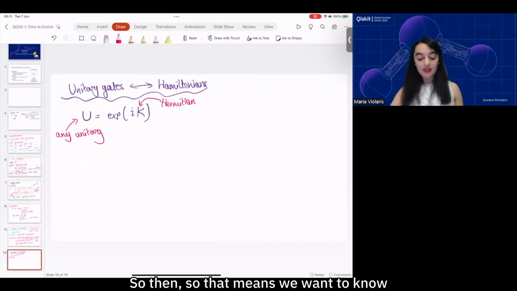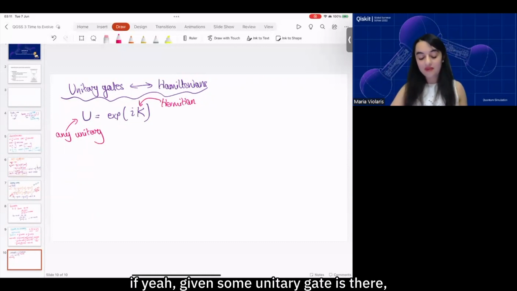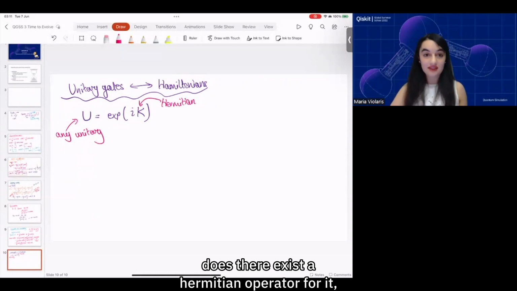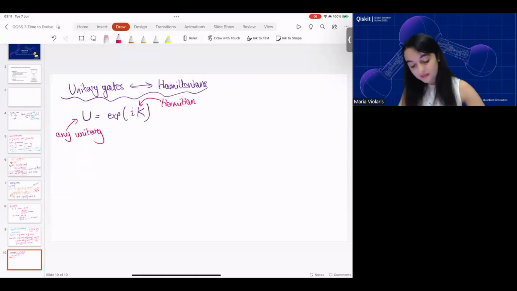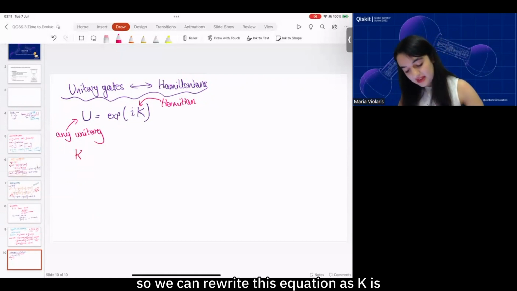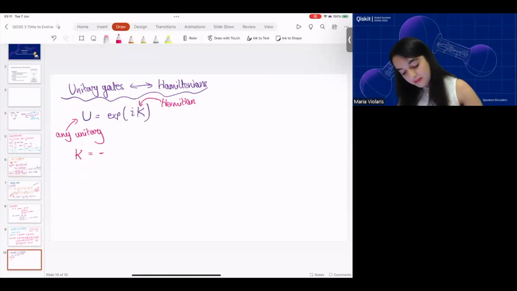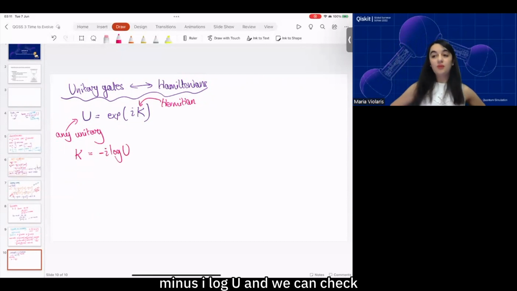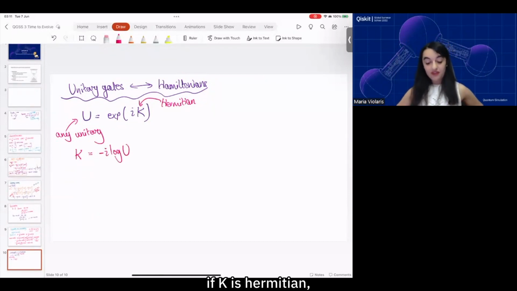So that means we want to know, given some unitary gate, does there exist a Hermitian operator for it? We can rewrite this equation as K is minus i log U, and we can check if K is Hermitian.